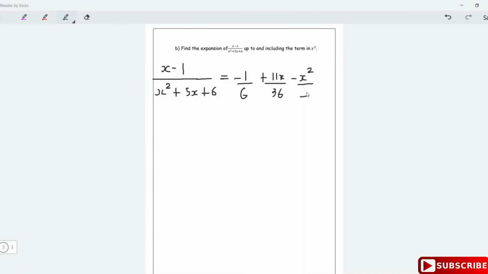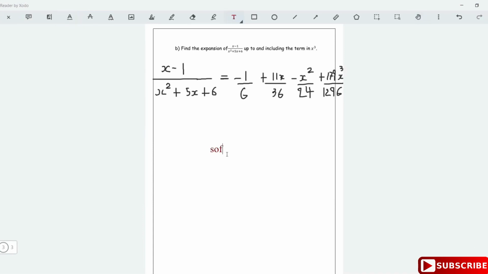And then we found that our x cubed term was plus 179 x cubed over 1296. Easy, soft, capital T, easy, soft, nice. That is that. All right, that takes care of binomial expansion.